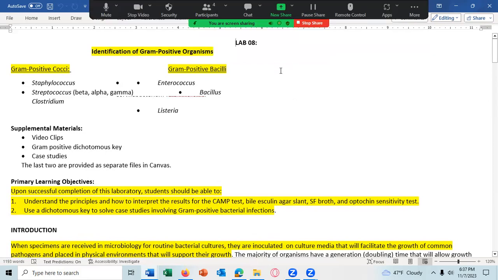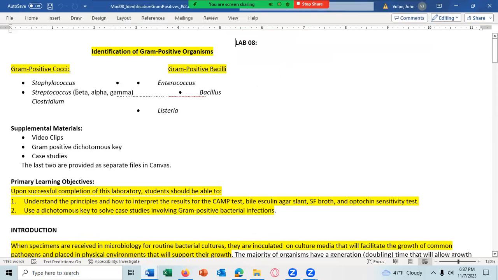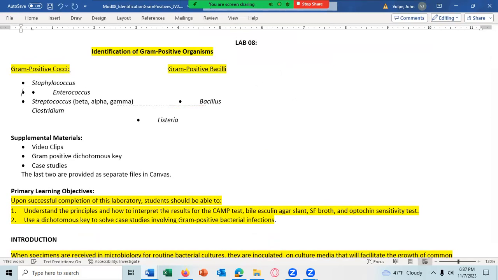I'll get that out of the way. Lab 8, identification of gram-positive organisms. There are gram-positive cocci we're going to talk about, and gram-positive bacilli. Let me see if I can straighten this out. Why is there two of those there?